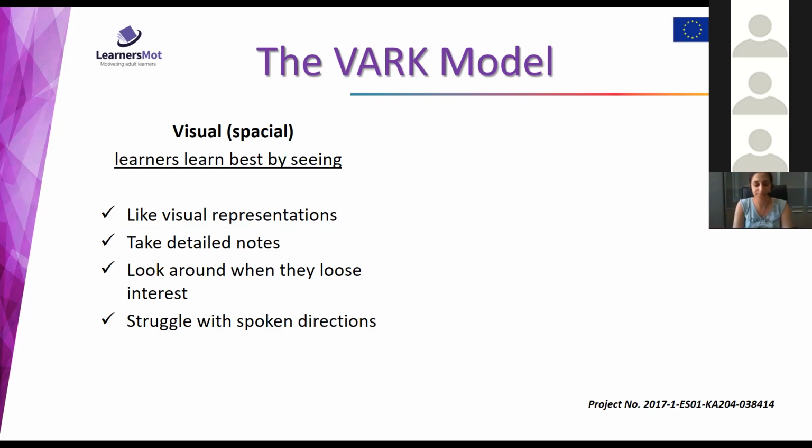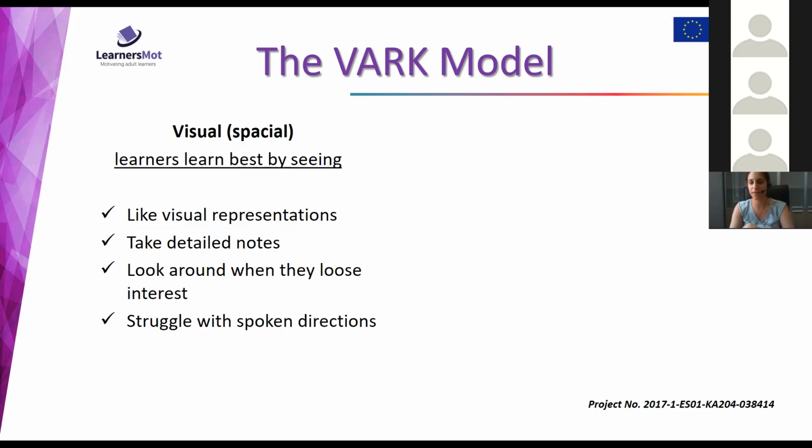And unfortunately, when they are bored, when they lose interest, they like looking around. This is a way of observing things and being distracted by the surroundings. So for those visual learners, we need to take into account that they struggle with spoken directions.